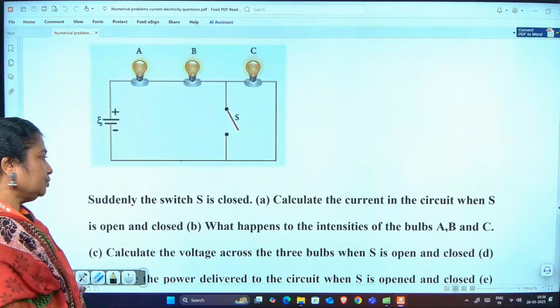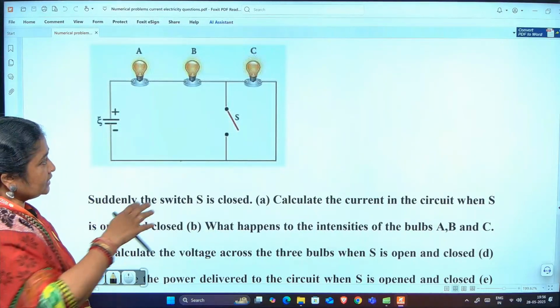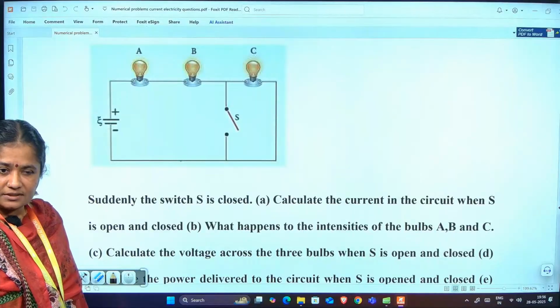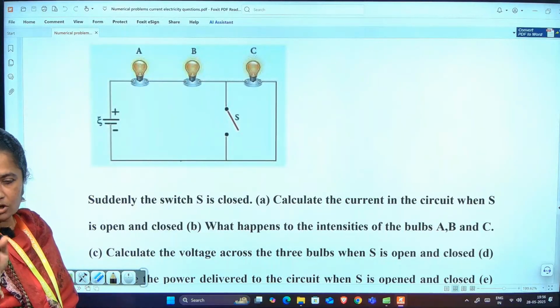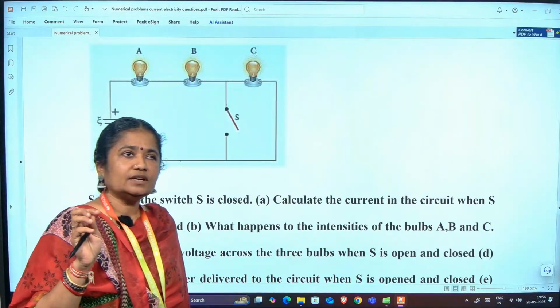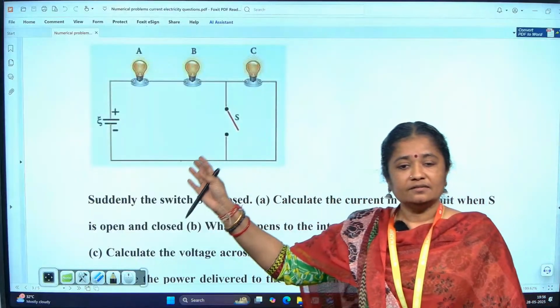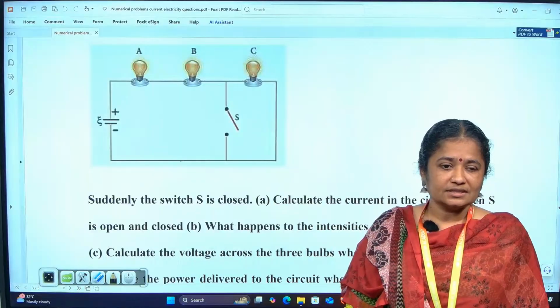Now what will happen to the intensities of the bulbs A, B and C? In the first case, when S is open, all the three will glow with the same intensity. All the three have the same resistance, same potential drop, and the same current flows through all the three. Now what will happen when you close the switch S?